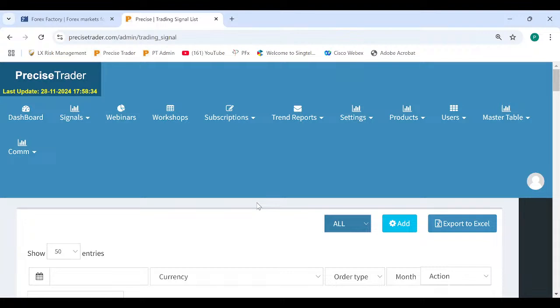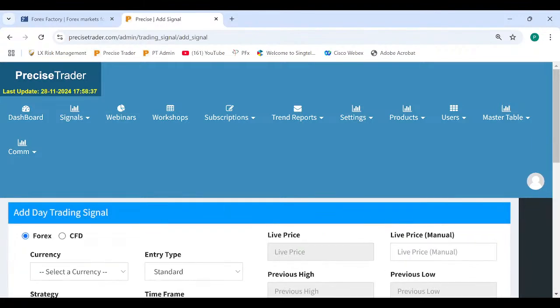Okay, so the next trade, remember, it's a sell and hold trade.